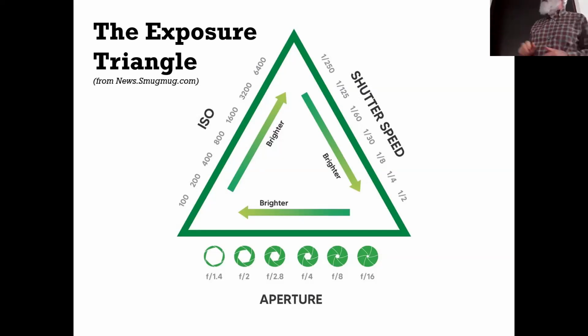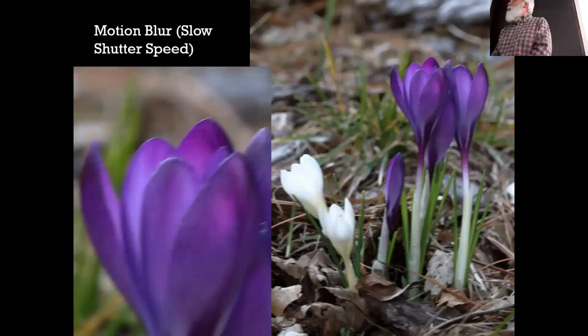And one of the tricks is to know the side effects and use them to your advantage. So the thing about shutter speed is if you have a fast shutter speed, it freezes all the motion. Even a race car zooming by or a fly buzzing around, if you've got a shutter speed fast enough, you can freeze the motion.